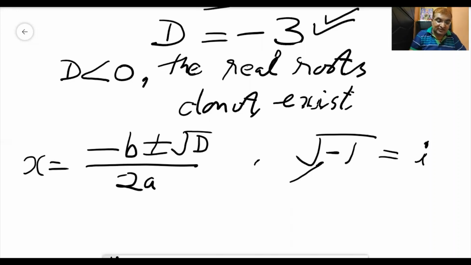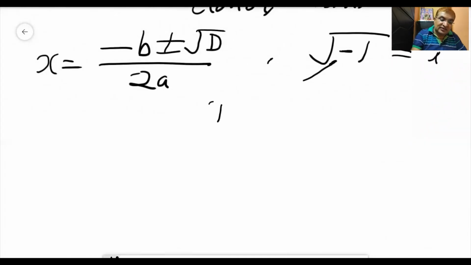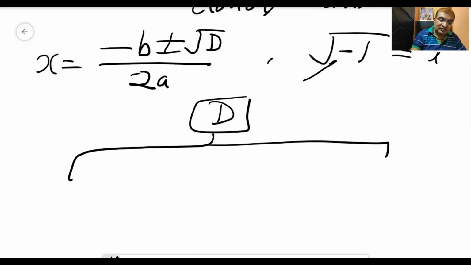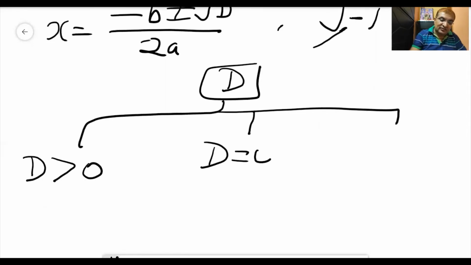So my point is, let us summarize the things what we have learned till now. The three different cases we have learned. This is the summary of what we have done today itself in this video. First of all, we have considered d greater than 0. Second, we did calculate d is equal to 0. The third case was d is less than 0.